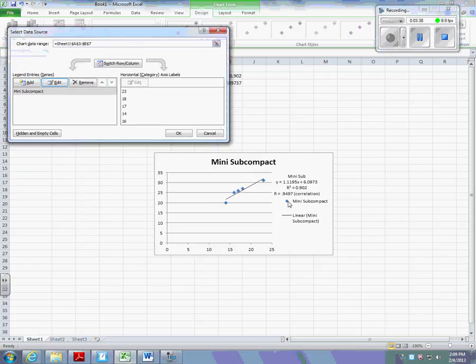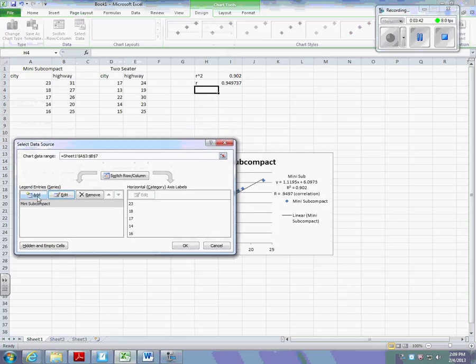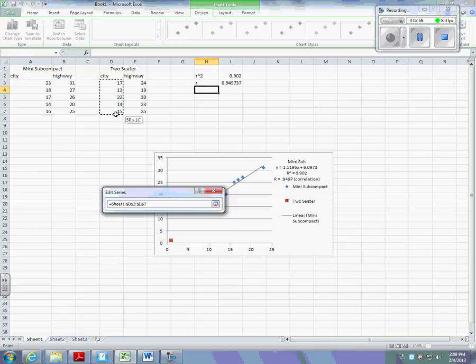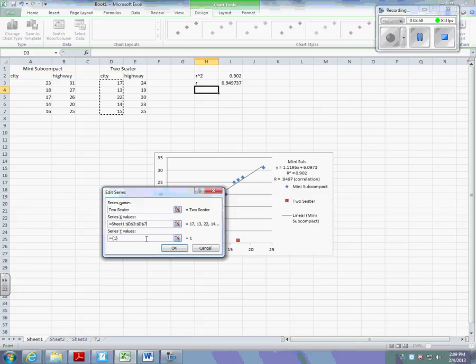So now your graph will show the blues are those. All we want to do now is click Add. So we're adding a series, basically. Okay, this screen will come up. Series Name, put in 2-seater. Come down to X values, highlight all of your X values, there's more than just 5.